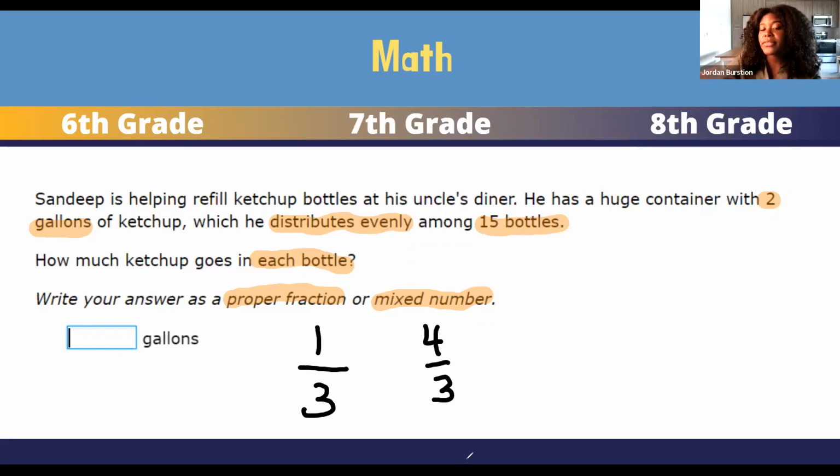It's an improper fraction. And you can turn it into a mixed number by simplifying it. So 1 and 1/3 is equivalent, but it's a mixed number. Don't let that terminology overwhelm you either.